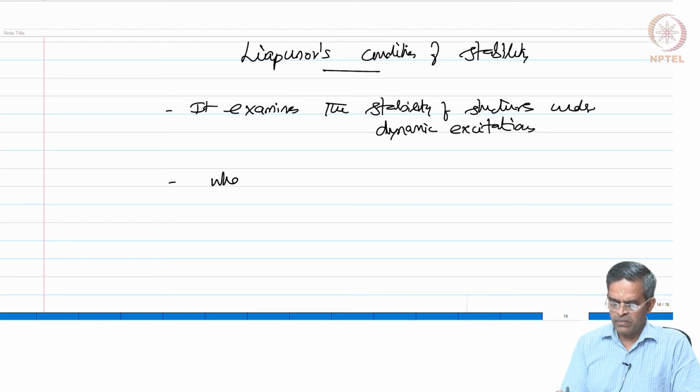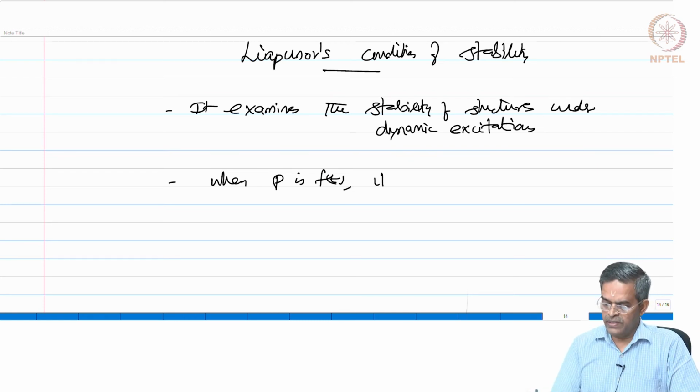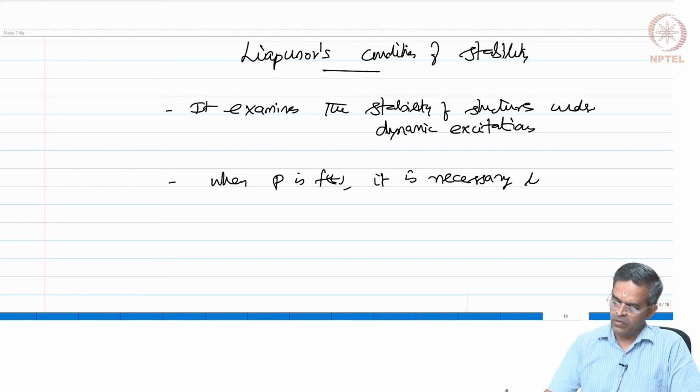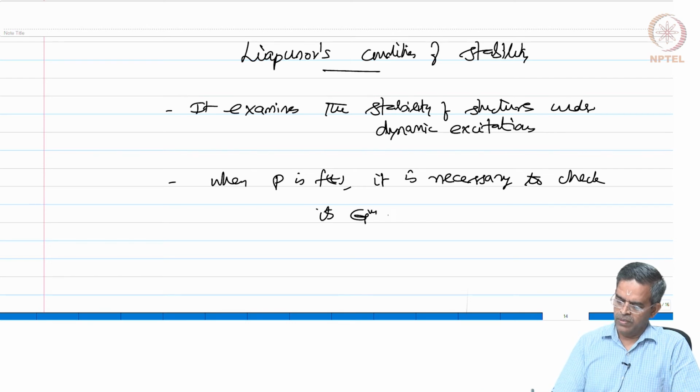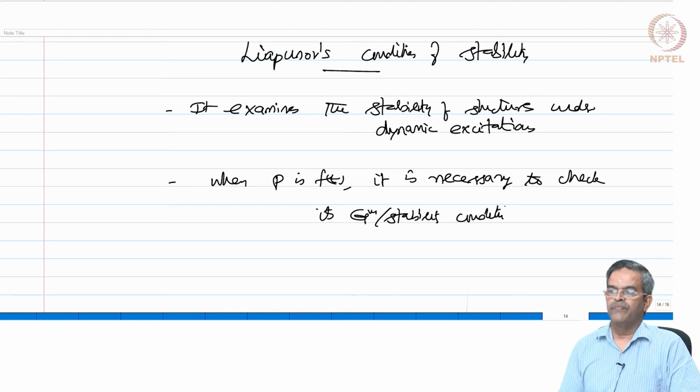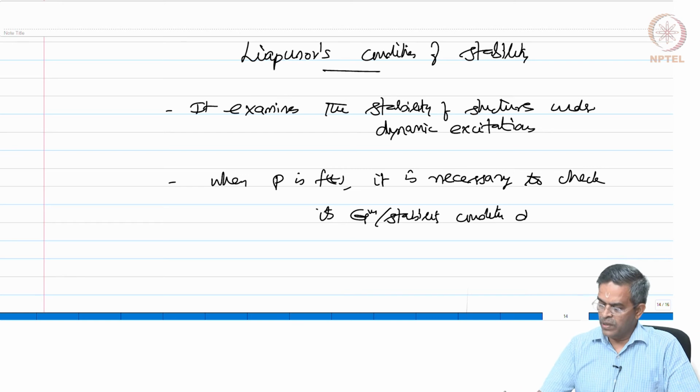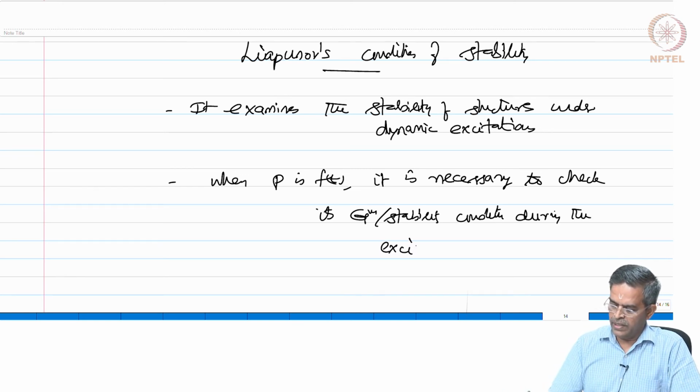So, when P is a function of time, it is necessary to check its equilibrium or stability condition during the excitation process.